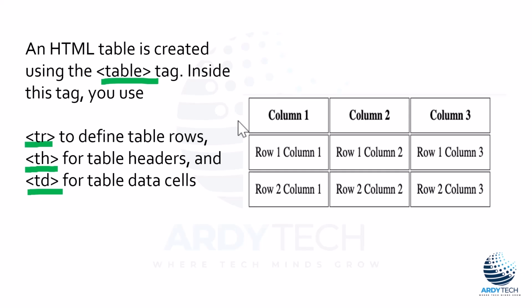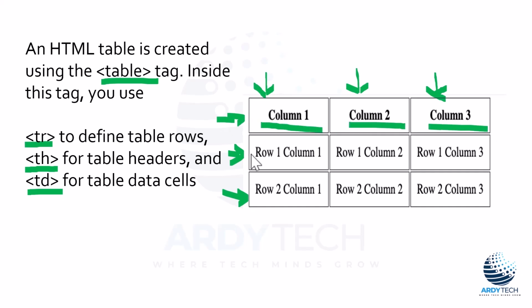So from here, you can see that this is a row, this is also a row, and this is also a row. These are the columns. But this is a header, and these are the actual rows. So this is row 1 in the first column. So that is why you are saying row 1 column 1.